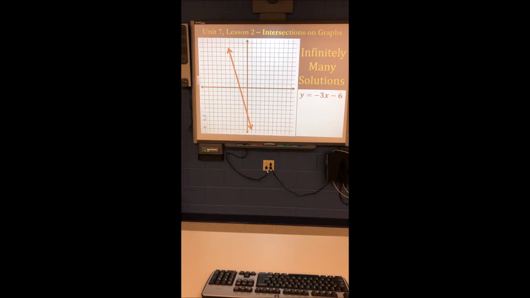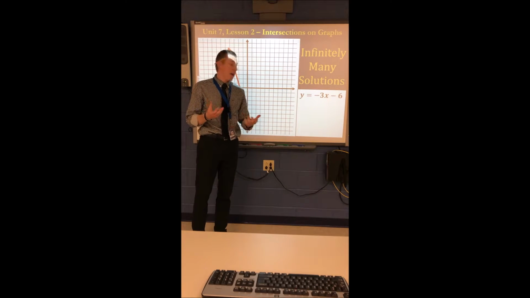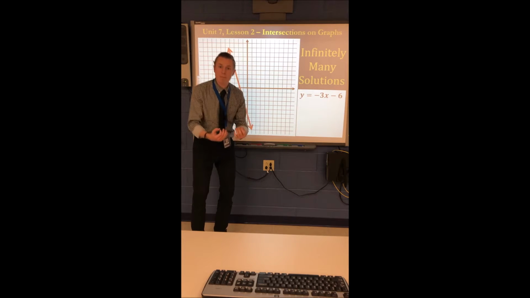Finally, notice how there are two lines here, but this is what infinitely many solutions would look like. Here's a line, okay? Infinitely many would mean that another line would be the exact same as this line.